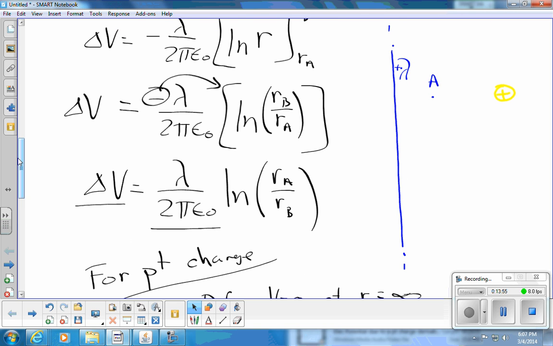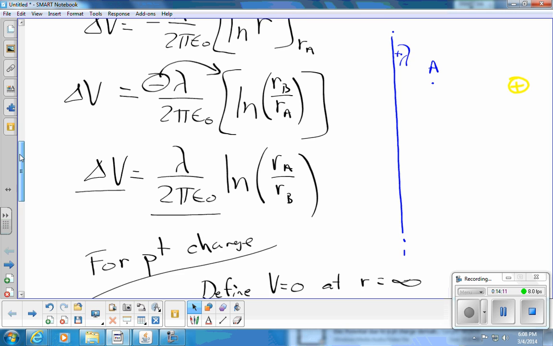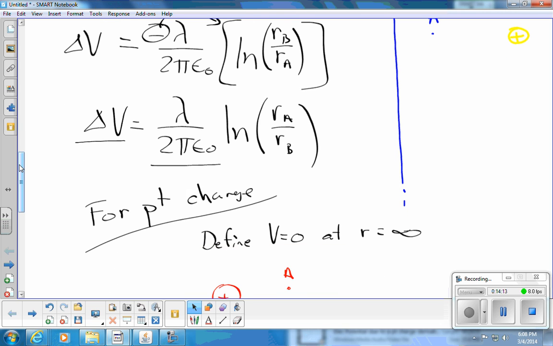But in this case, as I keep adding these changes in velocity, as this thing accelerates away, and I add up this infinite series, I actually get infinity. Now how do I know that? Well, as we did before, let's try to define the potential as 0 at R infinity.